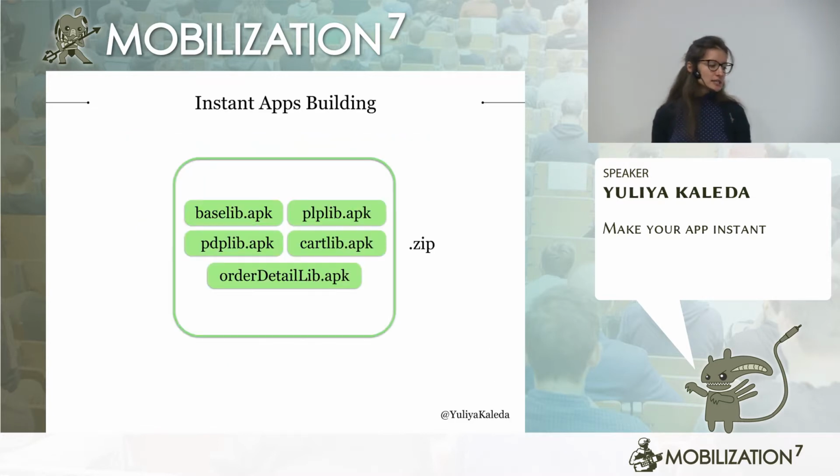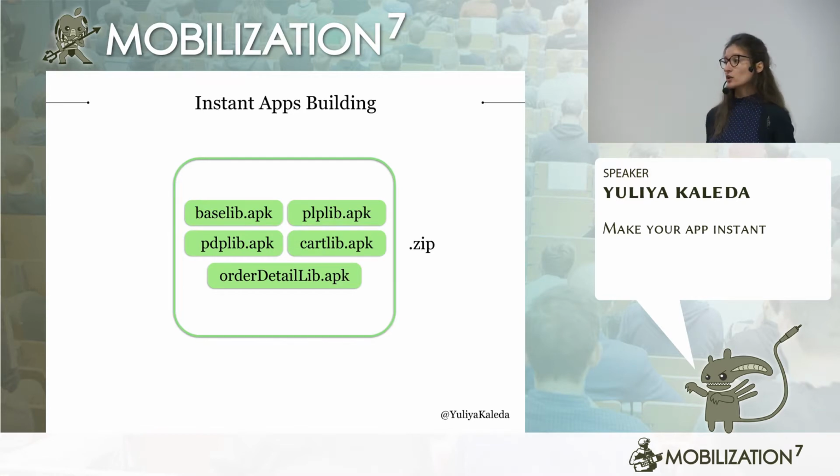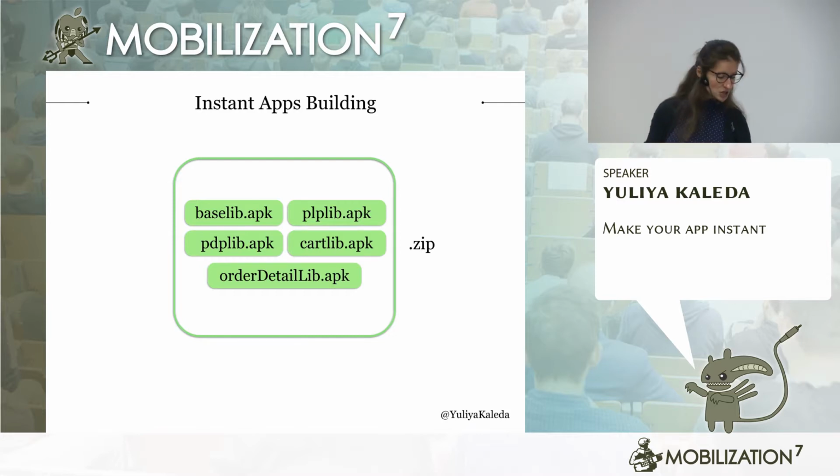So let's talk about the Instant App building process, right? It's very similar to the process of building a regular APK for your regular installable application, but there is one nuance. Instead of having one APK, in Instant Apps, you will have as many APKs as there are feature modules, plus one APK for the base module. And if you think about it, it makes sense, right? Because you're not pulling the whole APK onto your device.